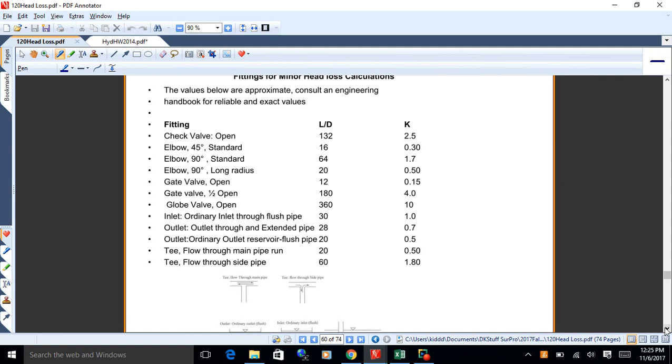So that's another aspect you need to consider. What you have there is an L over D value, and L over D means length over diameter.